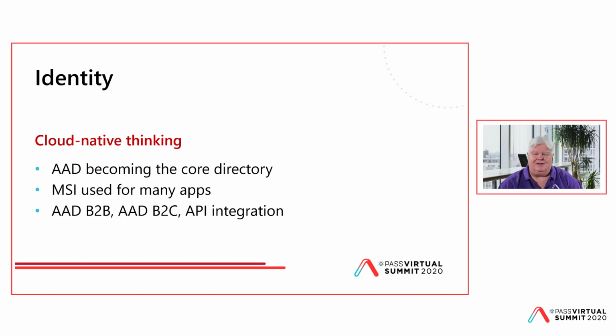So the idea there is that if I go to do work as greg@sqldownunder.com, and I go to do work for superannuation company A.com, they can just add me to their directory. They can add me to groups, they can give me permissions and things without the need to create another identity.